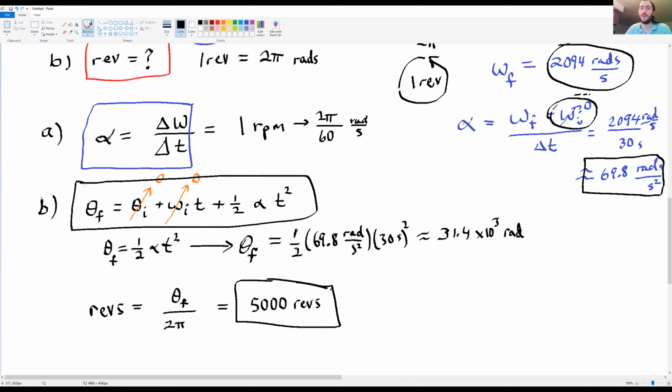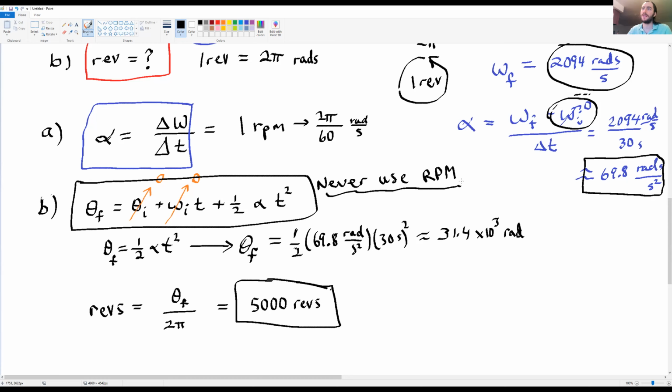That's going to lead to a lot of mistakes. Never use RPM in this equation. I can just foresee somebody trying to use RPM in this equation, just don't do it. It's not a good idea. Always put everything in radians per second.